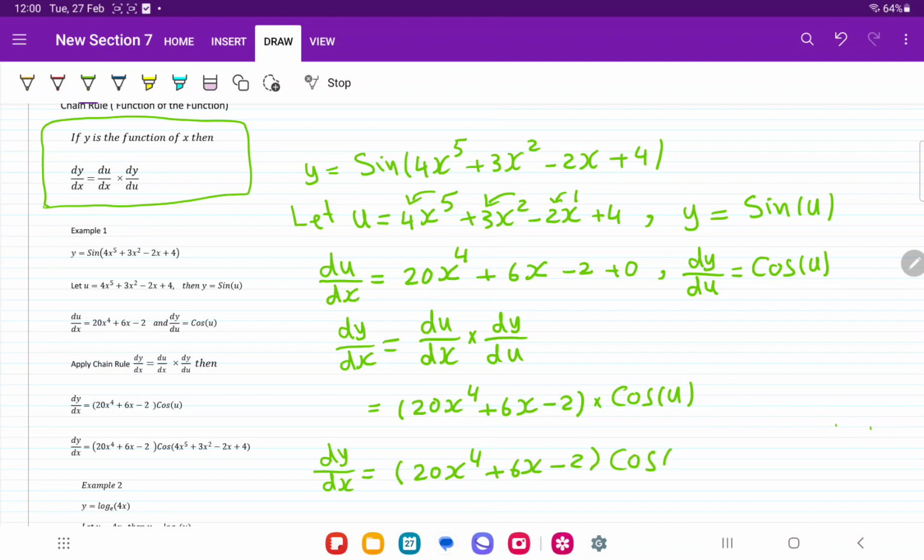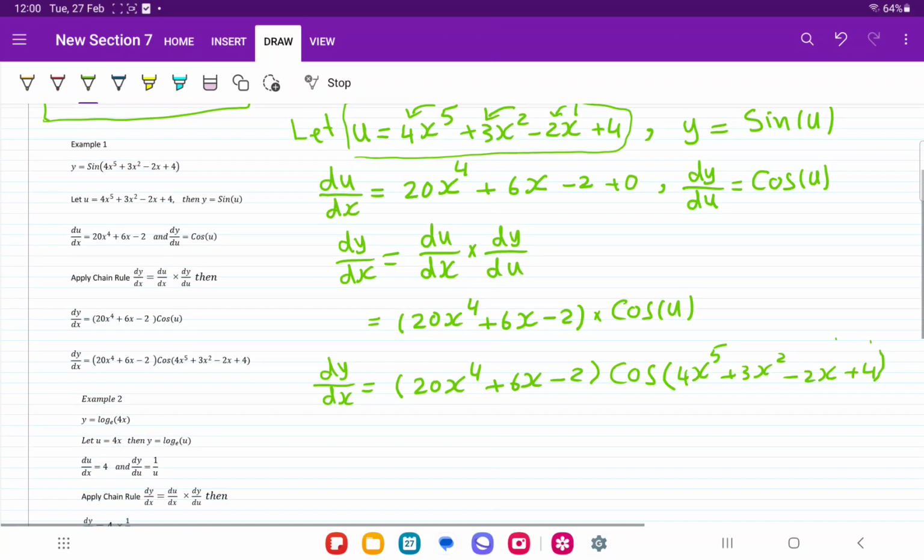Instead of u, we're going to rewrite this value here, so it will be 4x to the power 5 plus 3x squared minus 2x plus 4. That's how we differentiate this function using the chain rule. Hopefully you see the same answer here.